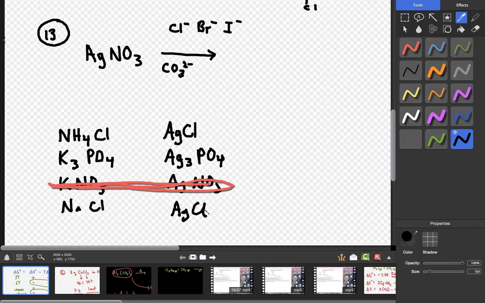That means that which of these would turn phenolphthalein pink? It would have to be number 2 or choice B, because this would make a weak base, this would make a strong acid, that would be acidic. This would be a strong base, this would be a strong acid, that would be neutral. This would be a strong base, this would be a weak acid, this would be alkaline. So on that basis, I would answer B.